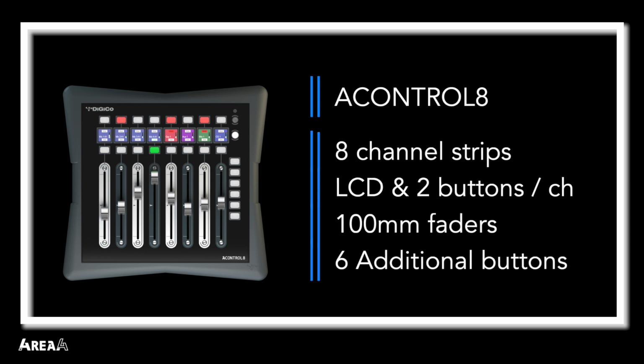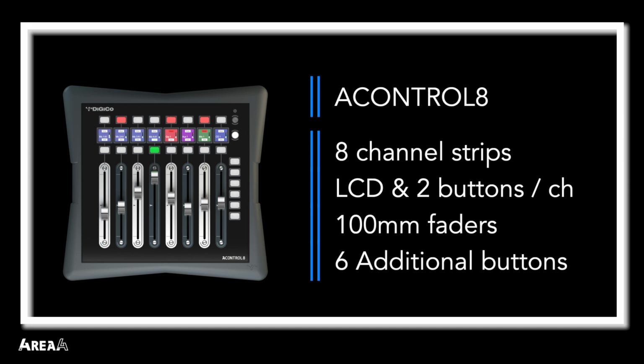To finish off the list of available controllers, we have the A-Control 8. The A-Control 8 has 8 channel-like strips, each with an LCD to show channel name and metering, 2 buttons, maybe a solo and a mute, plus a 100mm fader as seen on our consoles.